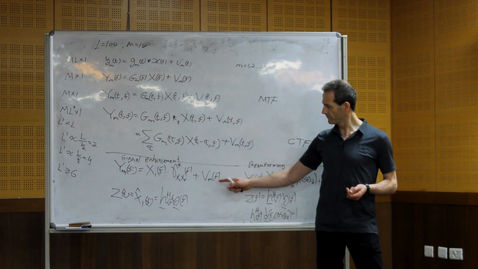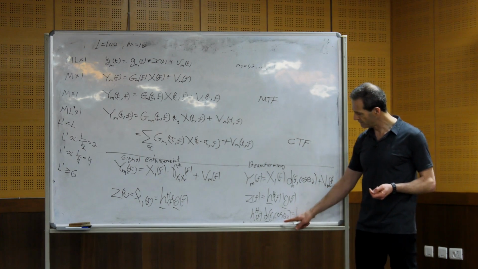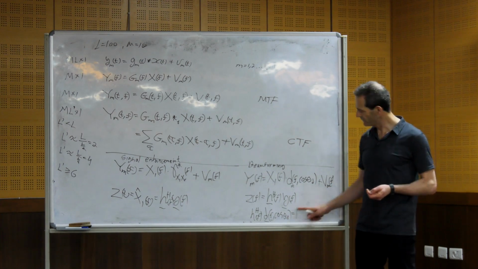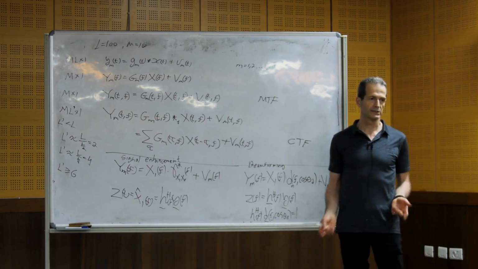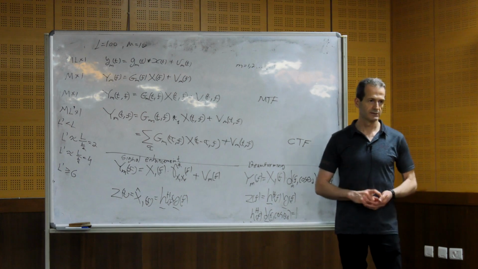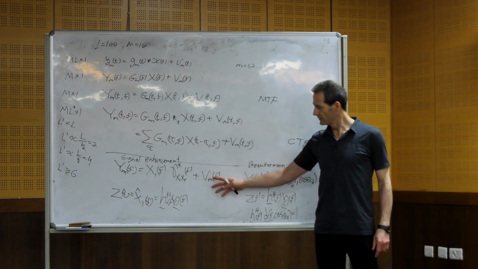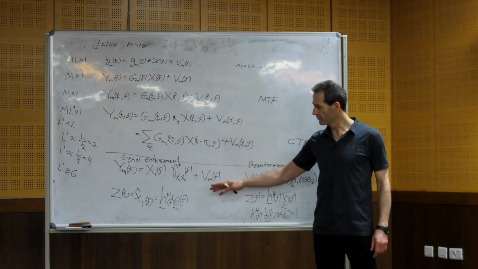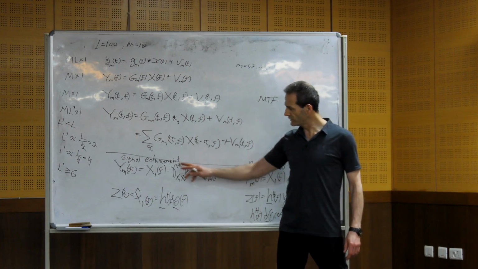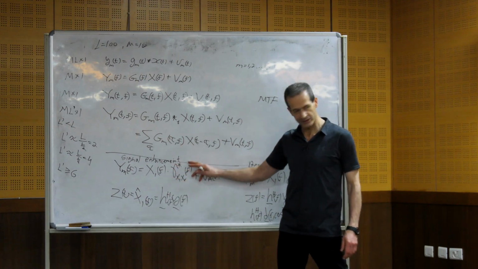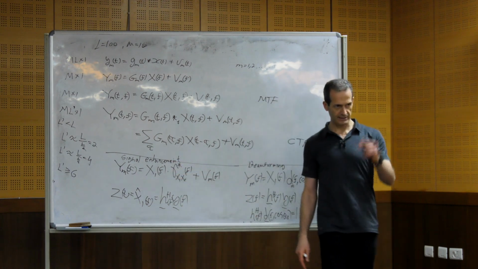Because here we will reduce noise that doesn't come from this direction. So if we don't know what the noise is, we try to reduce noise from all directions, diffuse noise. Here, we can reduce noise if its relative transfer function, if the correlation is different than the correlations in X1.